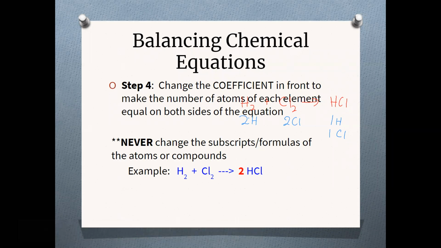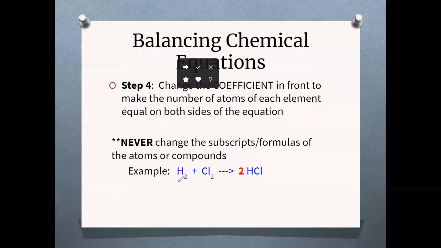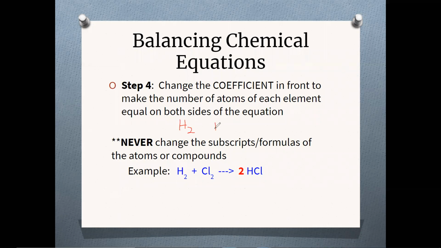Step 4 is actually to change the numbers, the coefficients, in front to make the 2 sides match. So again, I'm going to redraw that skeleton equation so we can compare the balanced to the unbalanced one. This one up there is unbalanced. This one down here is now balanced, okay?